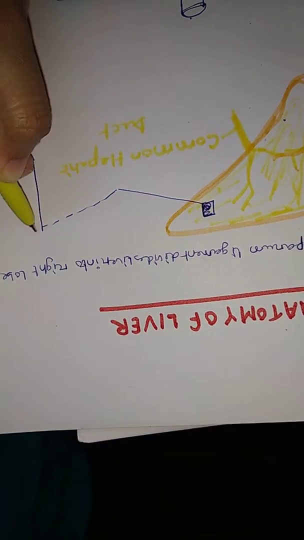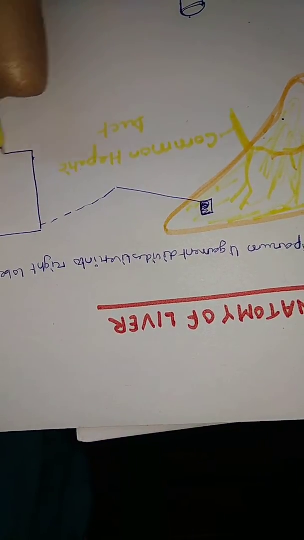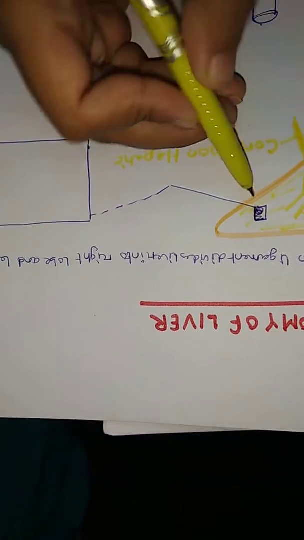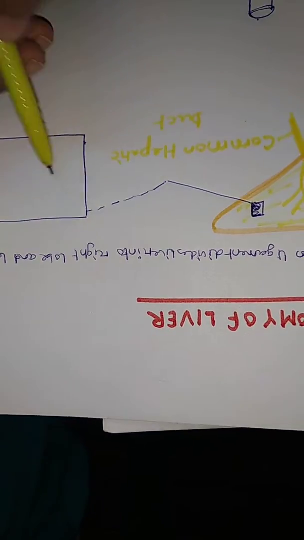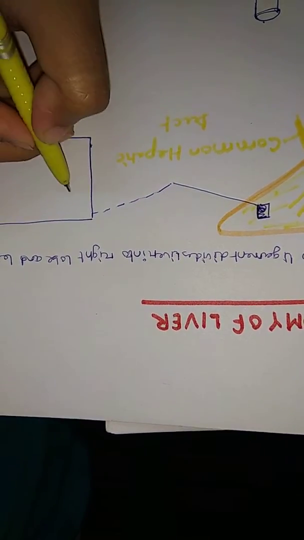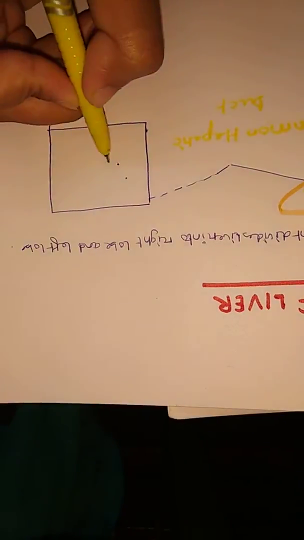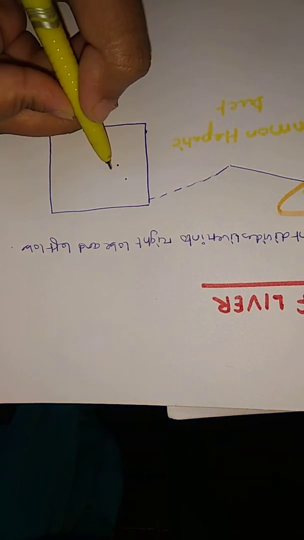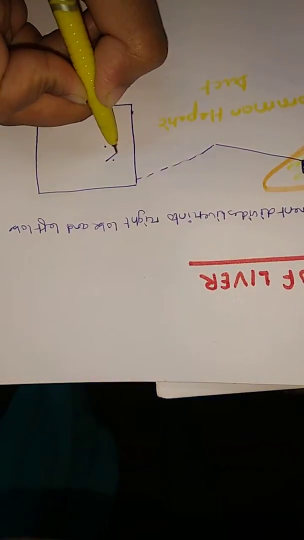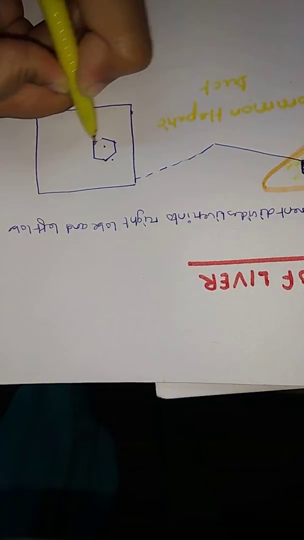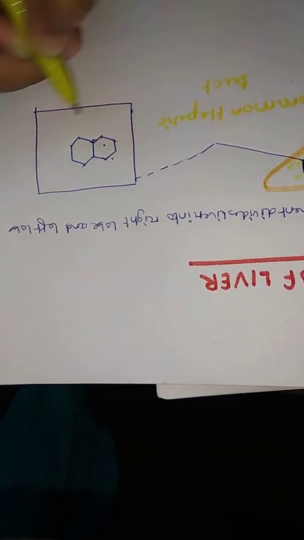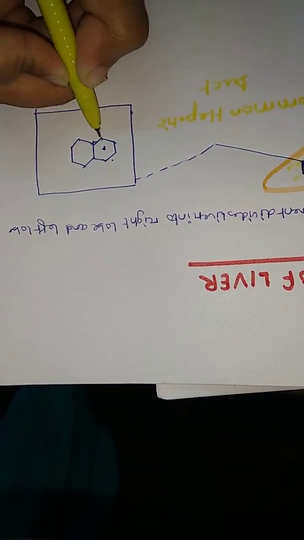This segment of the liver will have various hepatocytes, and these hepatocytes will form the hepatic lobule. The lobule appears in a hexagonal structure.